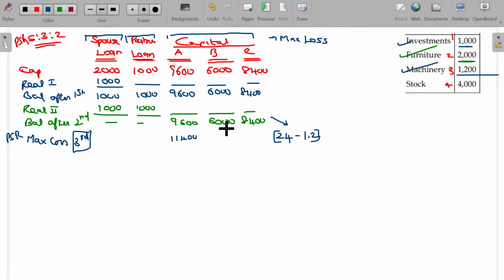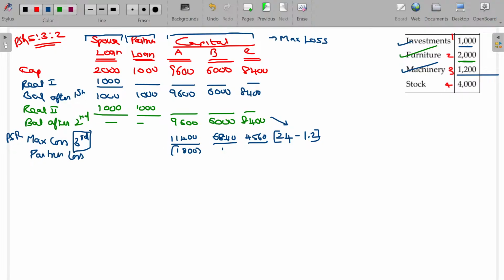Then 6,840, 4,560. Now you get the balance. 1,800 negative. This is partners loss. Partners loss.